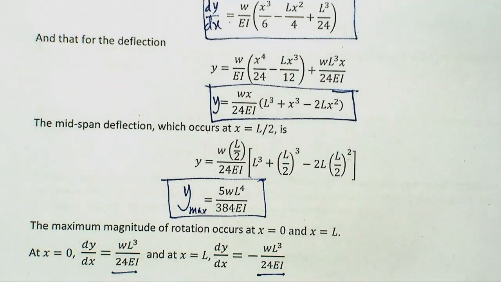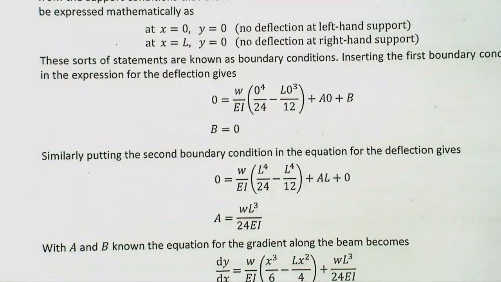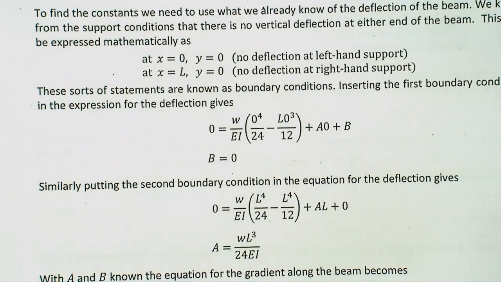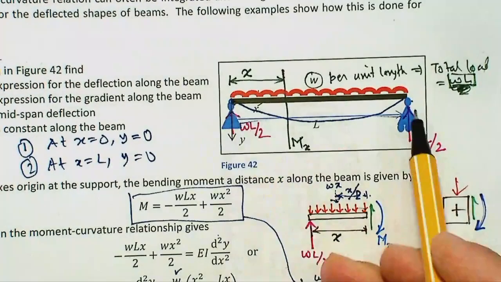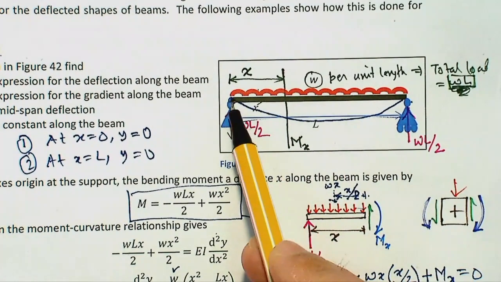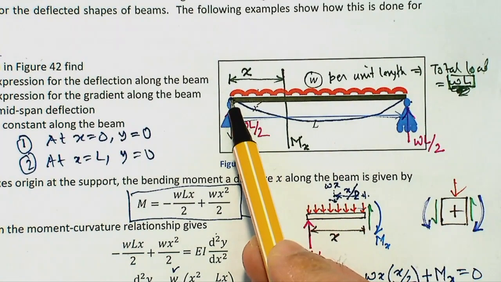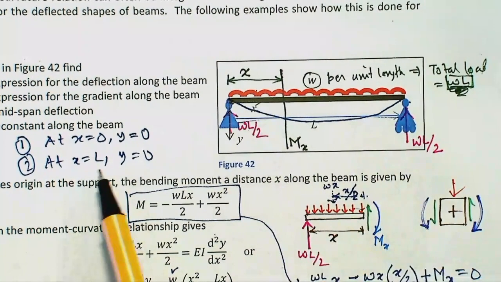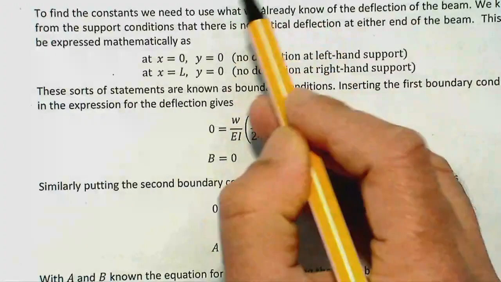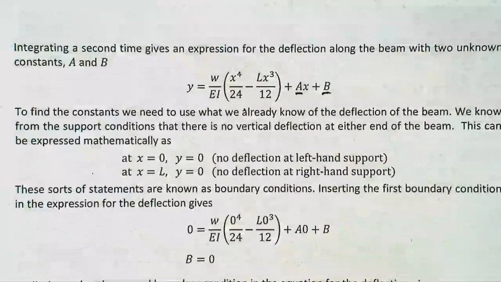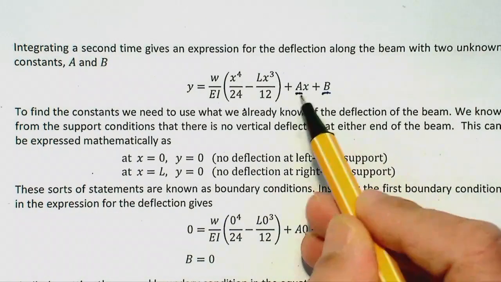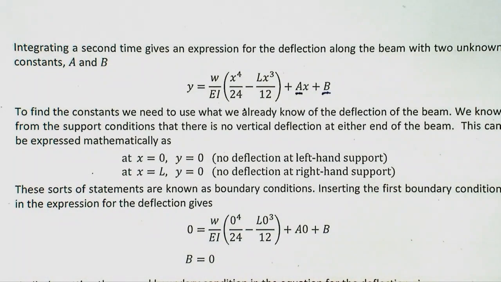Integrating it twice, I will get the deflection. And of course, I will have two unknown constants, which we can then find from my known conditions of deflection and rotation. So, if I know deflection at x equal to 0 is 0, and at x equal to L is 0, I will use those in this expression that I have got, and I will find a and b.